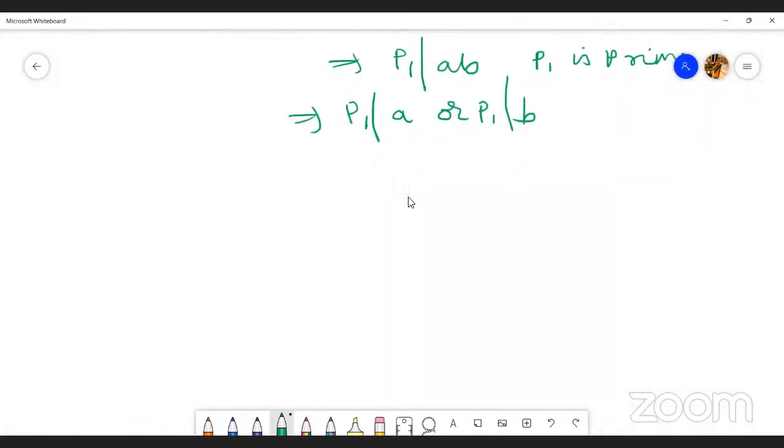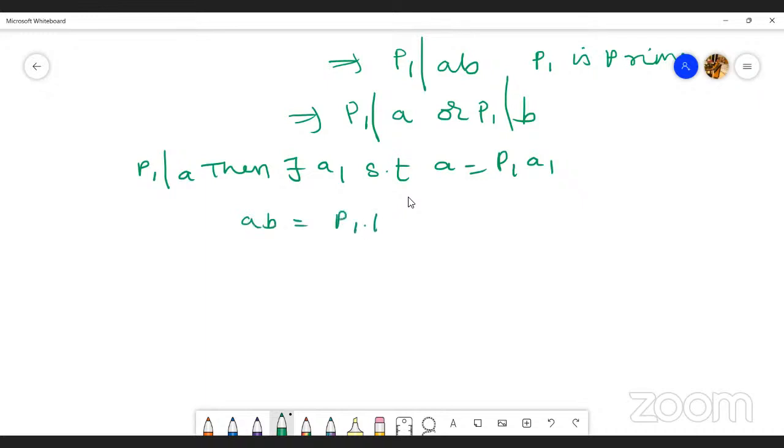P1 is prime means either P1 divides A or P1 divides B. So if P1 divides A, then there exists some A1 such that A is equal to P1 A1. So what is AB for us? AB is P1 into P2 into and so on, Pn.